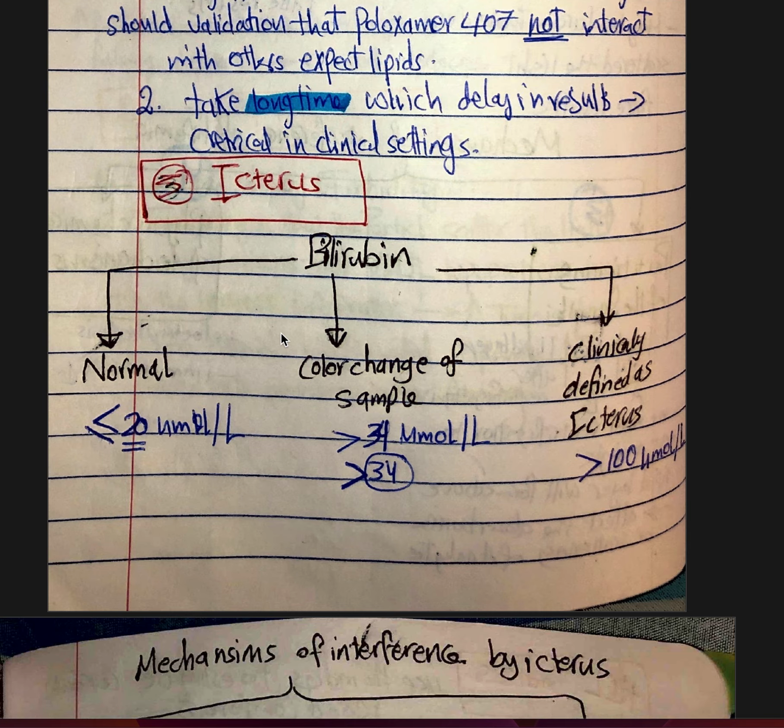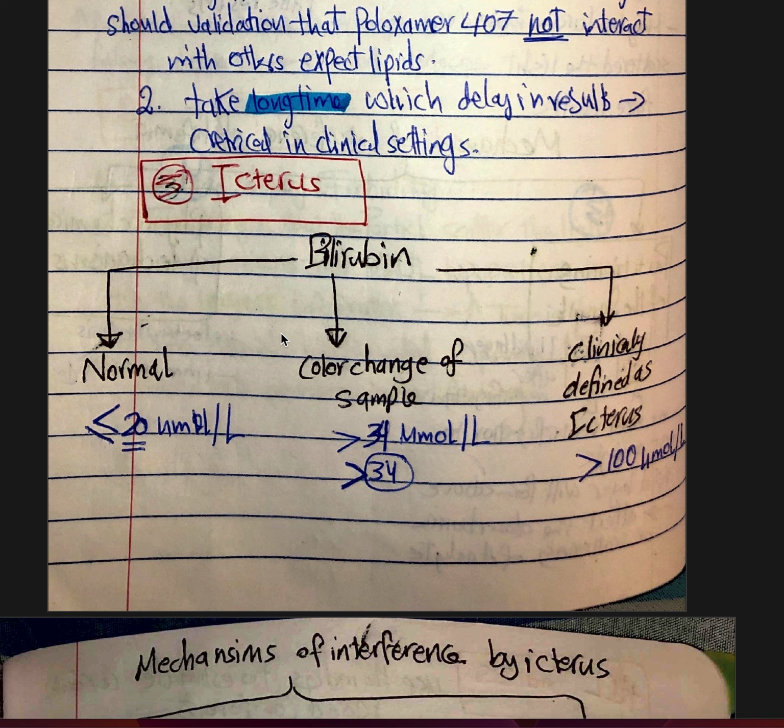The normal level is less than or equal to 20 micromole per liter. Sorry, not nano, micromole per liter. This is the normal level of bilirubin.